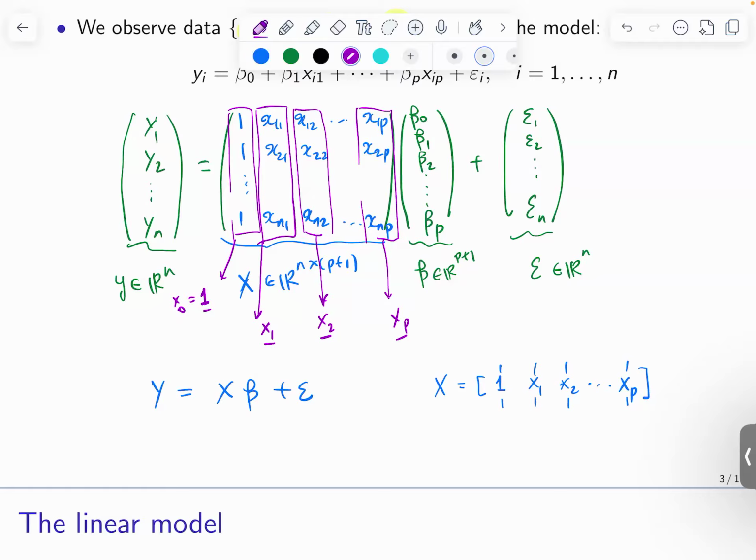Now, we sometimes call this mu as well. Mu would be in R^n. This is the mean vector. Right now, there's no assumption of randomness, but as we'll see, we're going to have a random model in which this would be the mean of y, in fact. So questions?